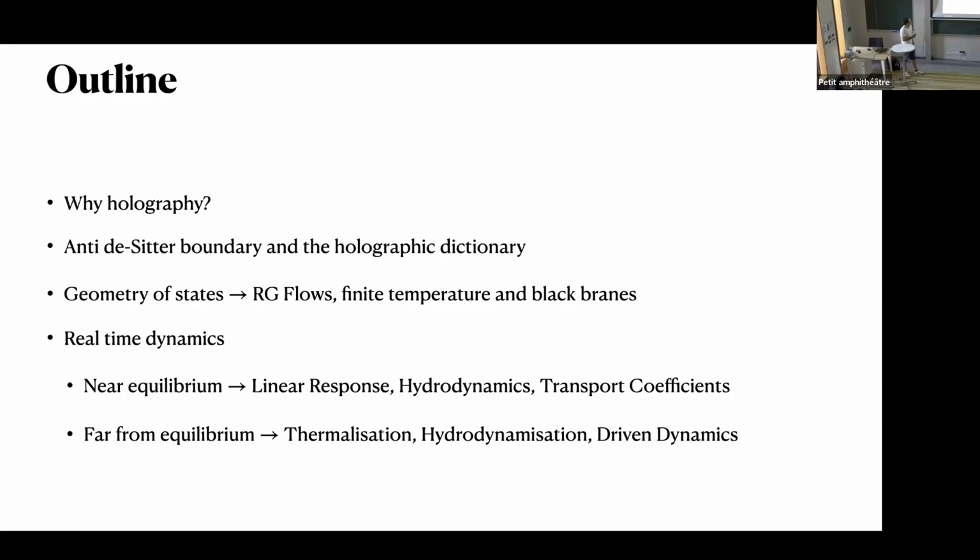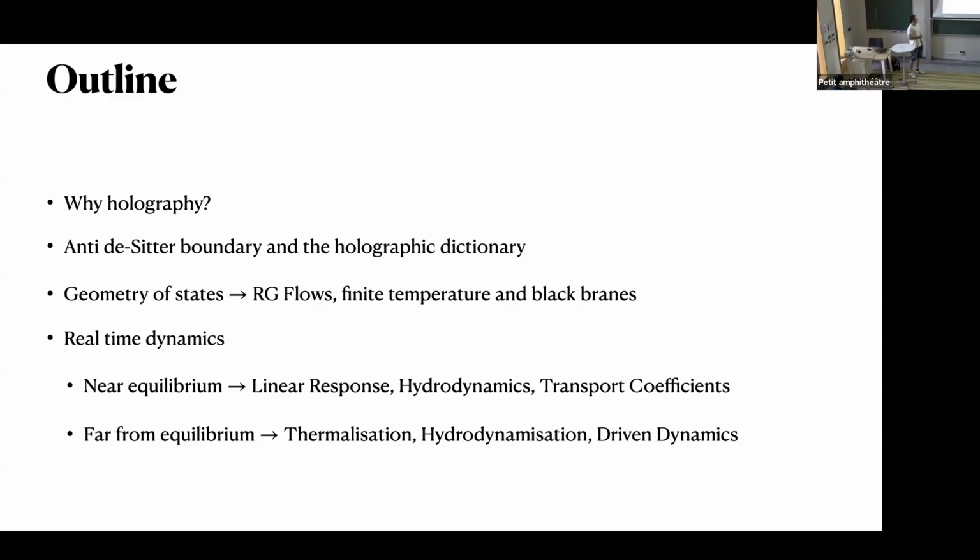Then I will talk about real-time dynamics, and my talk will be divided between near equilibrium, which will give us quite a bit of intuition about what you can ask in holography. I will talk about linear response, the emergence of hydrodynamics, and also transport coefficients and how they are encoded in geometry, how you can read them off.